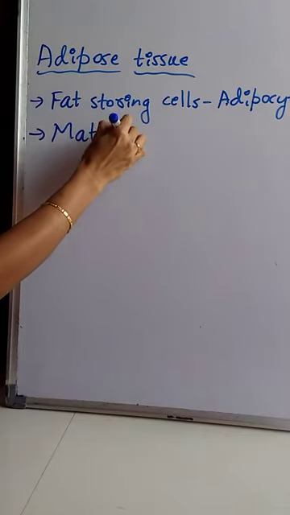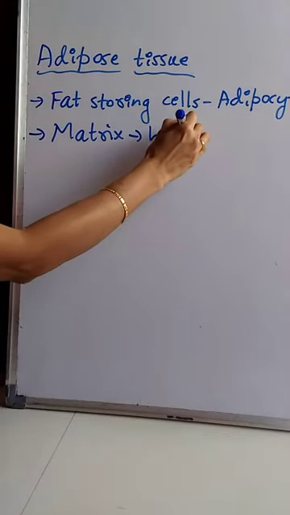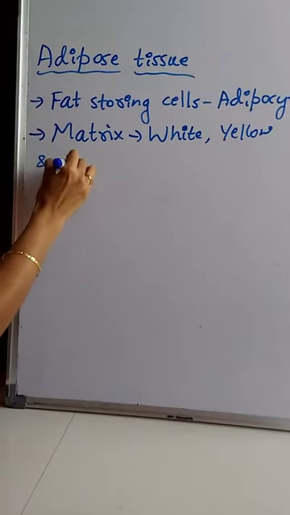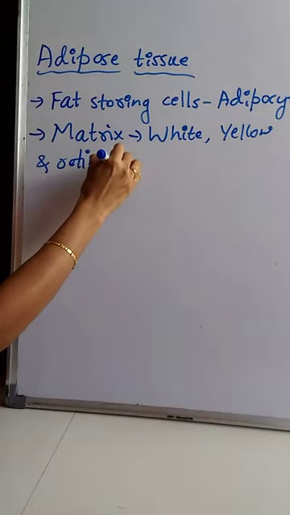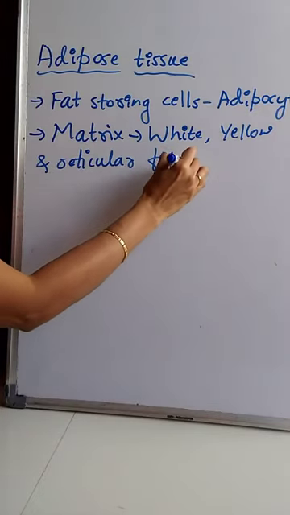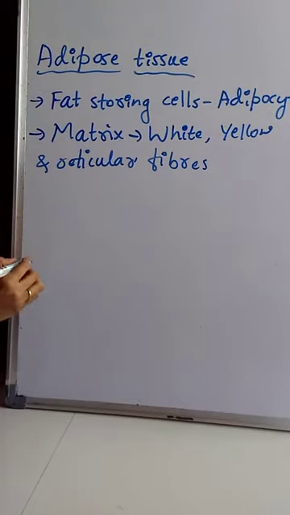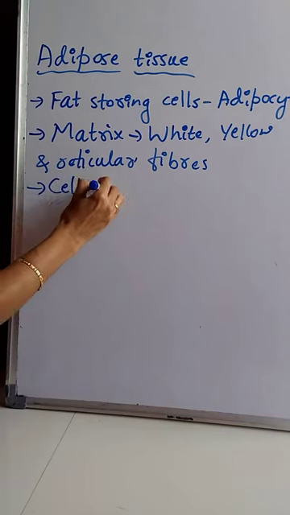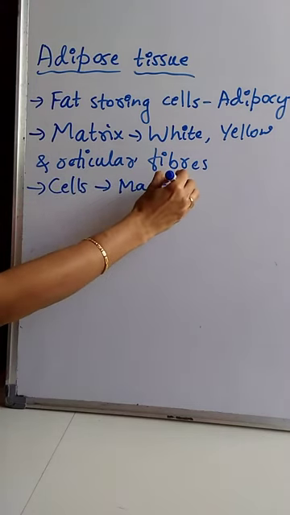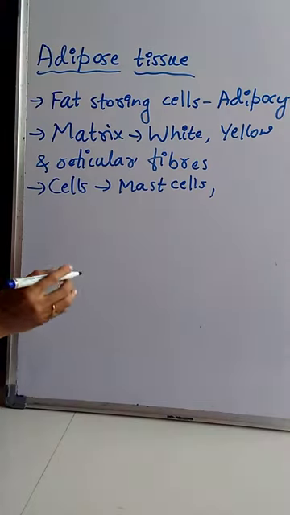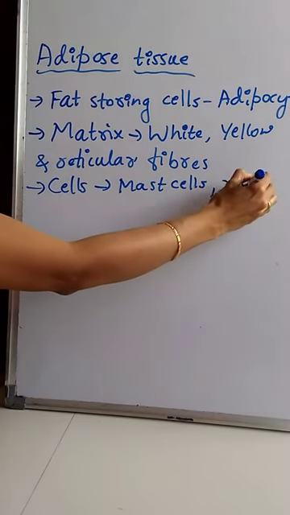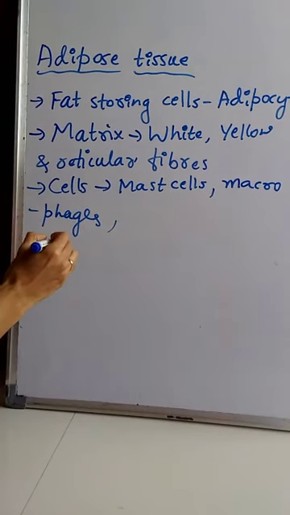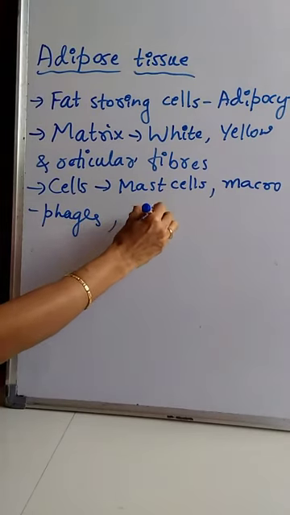Three types of fibers, white, yellow and reticular fibers, are present in the matrix of the adipose tissue, and different types of cells like mast cells, macrophages, then fibroblasts are present.